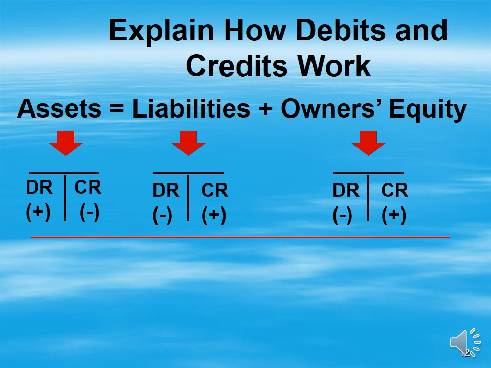For liabilities, an increase in liabilities, you have to credit the account, and a decrease in liabilities, you have to debit the account. Also, for the owner's equity, if there is an increase in the owner's equity, you have to credit the account. And if there is a decrease in the owner's equity, you have to debit the account.